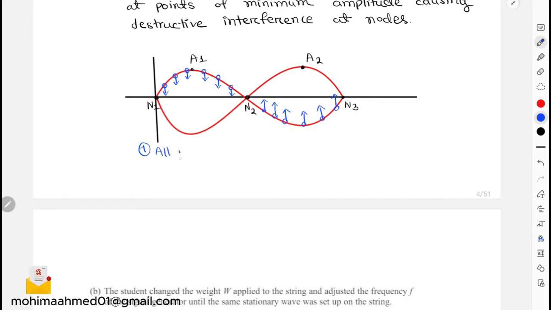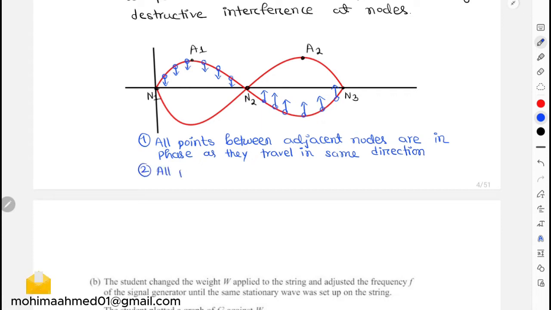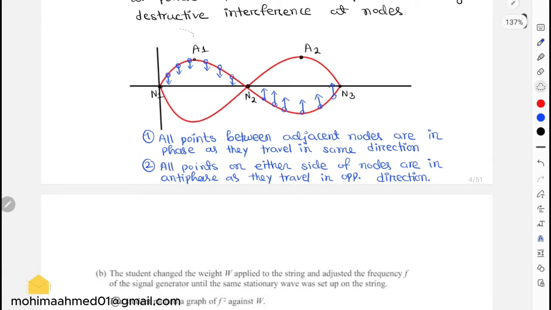First, all points between adjacent nodes are in phase as they travel in the same direction, and all points on either side of a node are in antiphase as they travel in opposite directions.